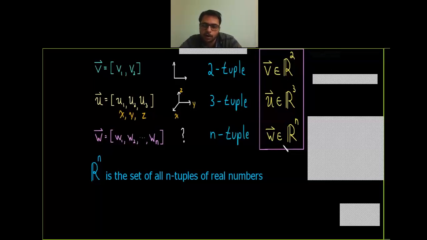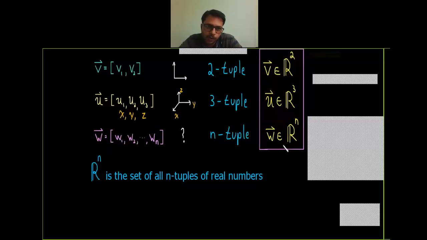And what do you mean by ordered list? The components occurring in vectors v, u and w must always be in the same order, as specified by this notation. So v2 should not come ahead of v1.